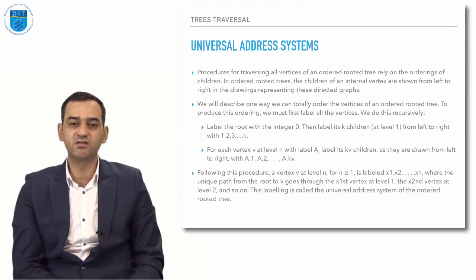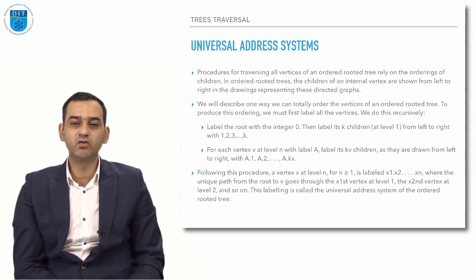In ordered rooted trees, the children of an internal vertex are shown from left to right in the drawings representing these directed graphs. We will describe one way we can totally order the vertices of an ordered rooted tree. To produce this ordering, we must first label all the vertices. We do this recursively.